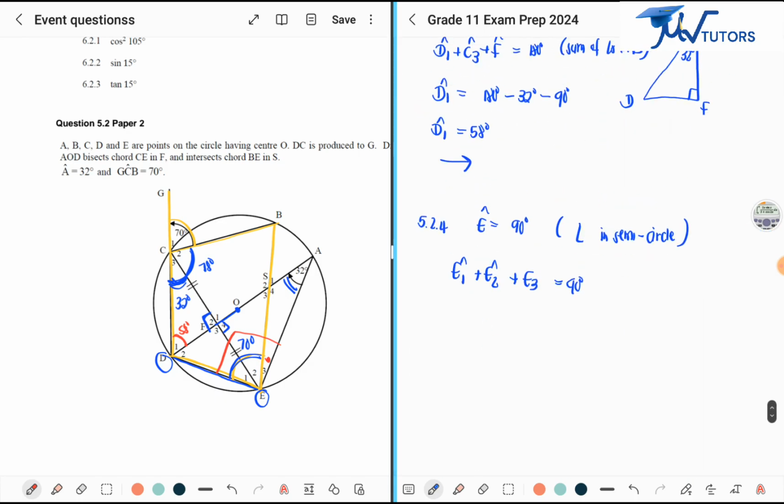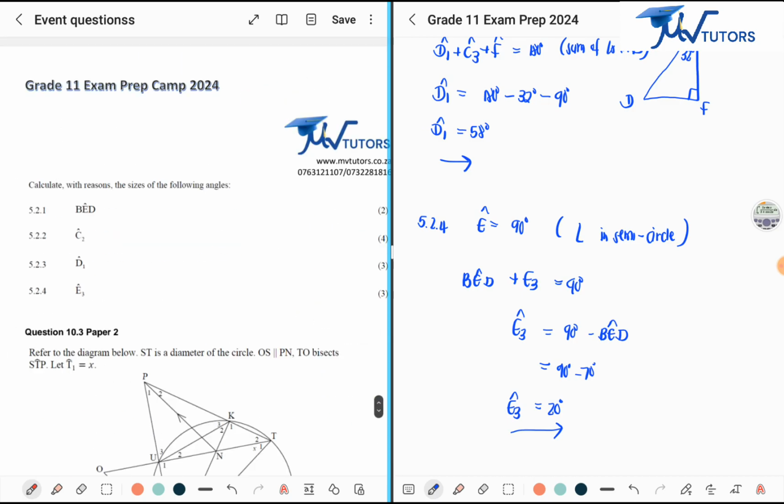Or instead of saying E1 plus E2, you could say BED. So I know that E3 is equal to 90 degrees minus BED, which is basically 70 degrees. And there we are, we get 20 degrees. Then we are done with this portion of Euclidean.